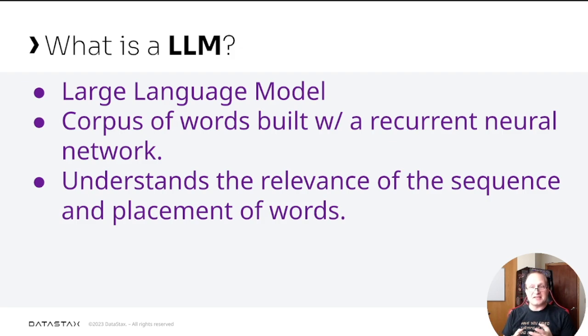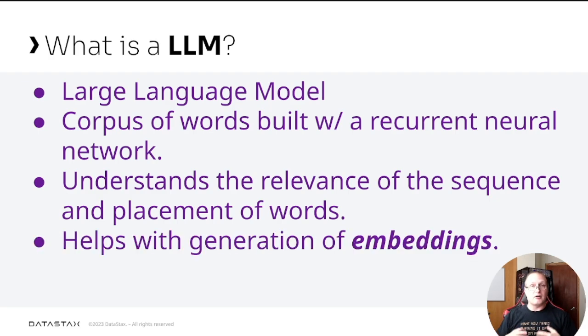So it can make sense out of certain words and their order, or certain phrases and certain repeated words. All of that plays into getting good responses from your AI-based application. And an LLM also helps with the concept of generating embeddings, or a tokenization of the phrase or words that are entered in that we're trying to match up or find relevance to.